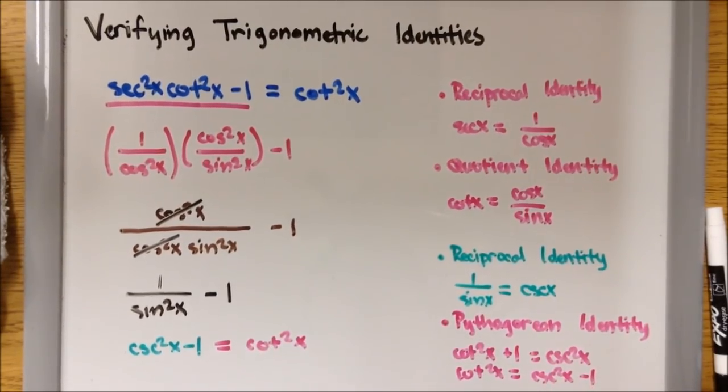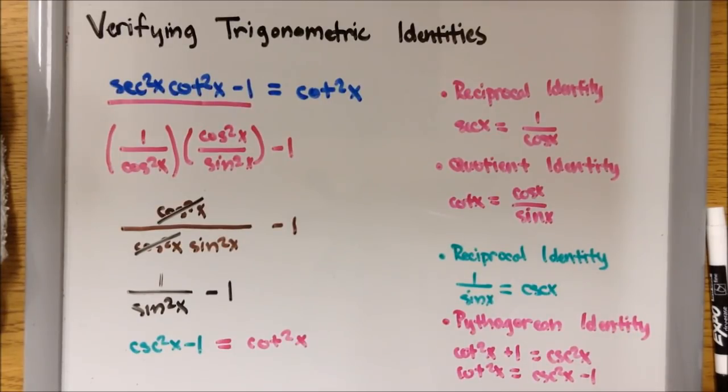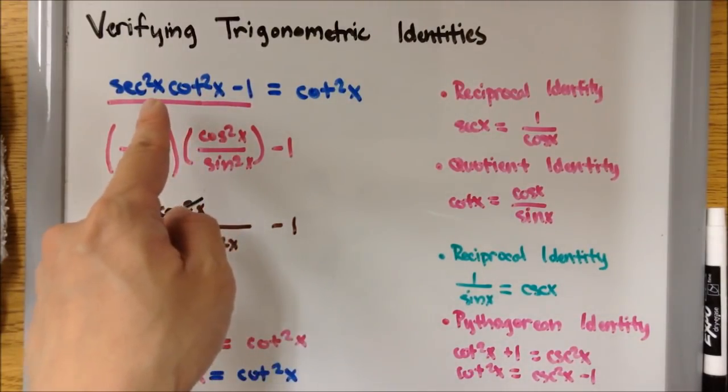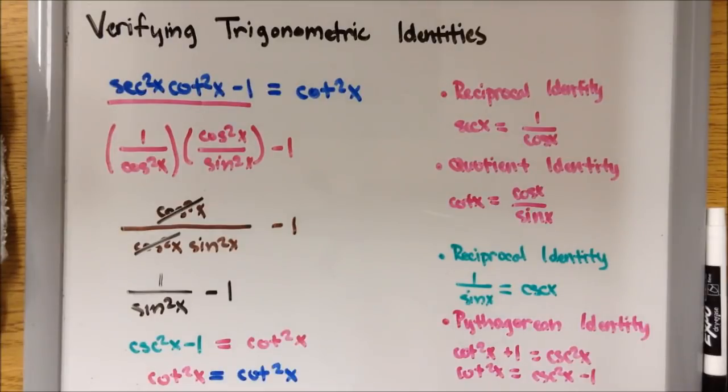So what do you know? The left side does equal the right side. So cotangent square x equals the original answer, which is cotangent square x. Once I finish verifying that the left side, secant square x times cotangent square x minus 1, does indeed equal cotangent square x, that means you're pretty much done. So Q, E, D.